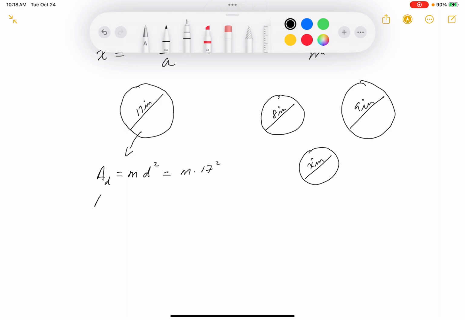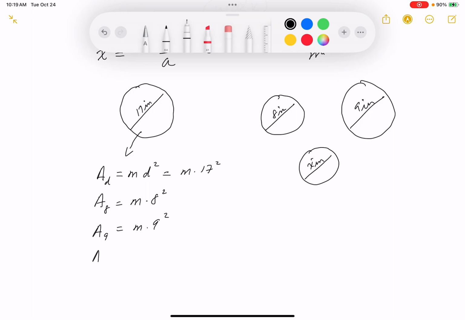And let's do the other guy. That's 8. A8 is going to be, again, M times 8 squared. That's 64, right? I don't need to do that, though. And then the other one's A9, and this is going to be M times 9 squared.